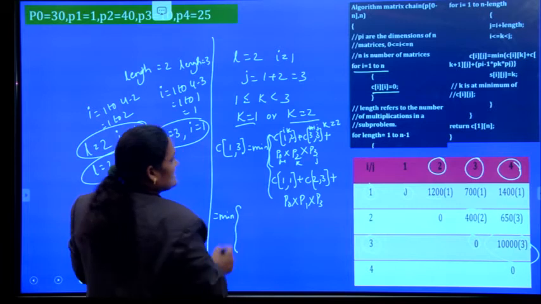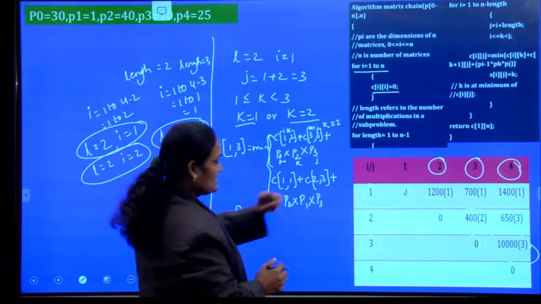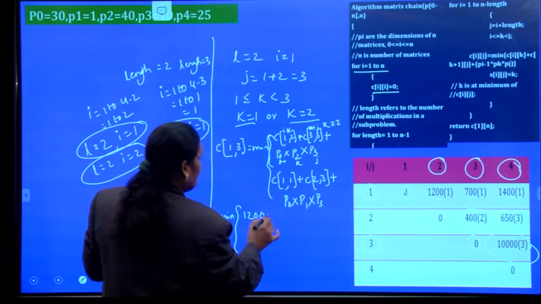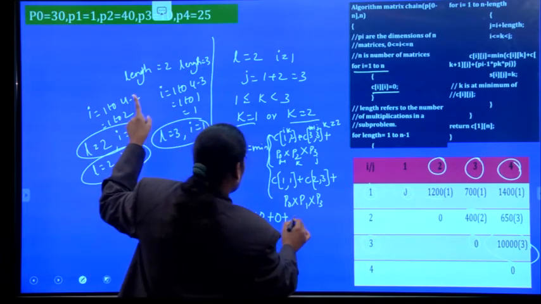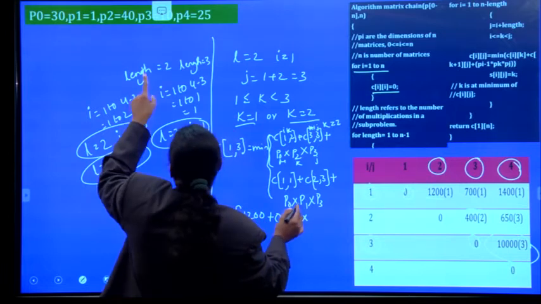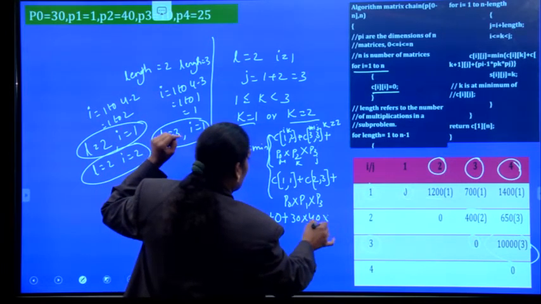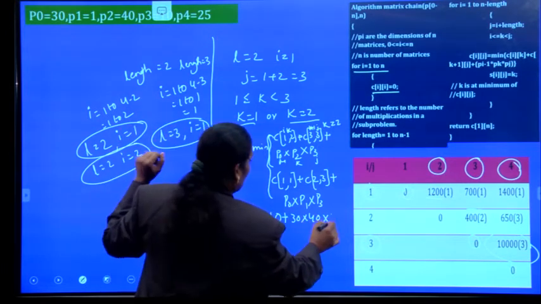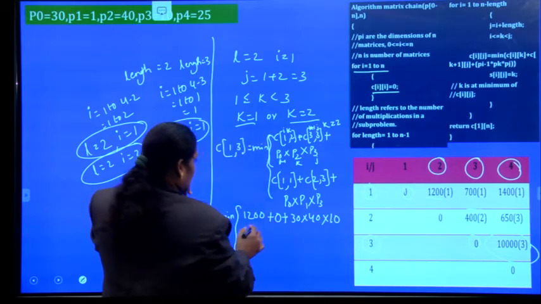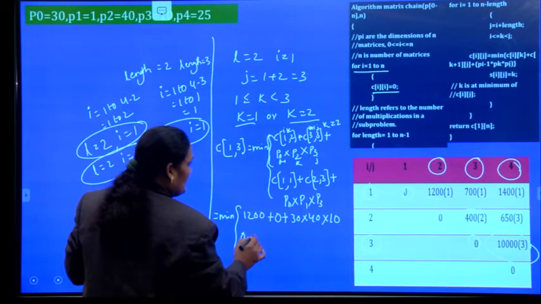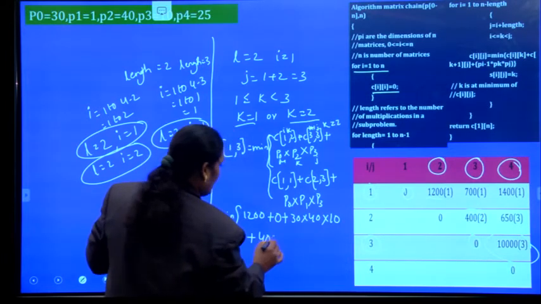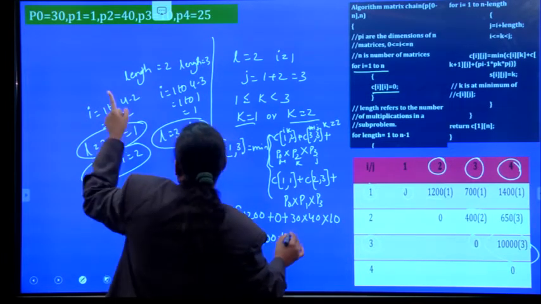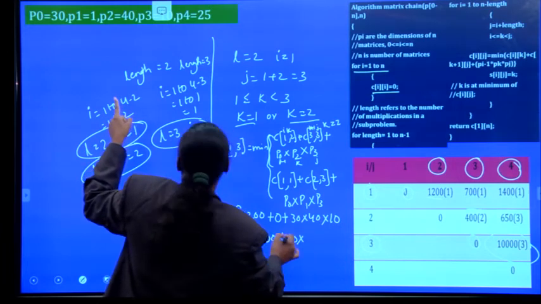Minimum of C12, cost of 12. What is cost of 12? 1200 plus 0 plus P naught. P naught is 30 into P2. P2 is 40 into P3. P3 value is 10. Next, if you take this one, 0 plus cost of 2, 3. Here cost of 2, 3 we get 400 plus P naught. What is P naught? 30. P1.